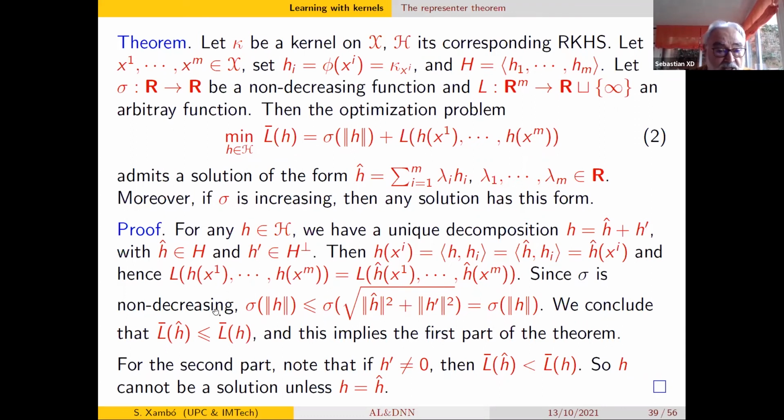Now, since sigma is non-decreasing, the sigma of the norm of h hat, which is the square root of the norm of h hat squared plus the norm of h prime squared, well, this should be h hat, okay? Is less than or equal to this, which is the sigma of the norm of h.